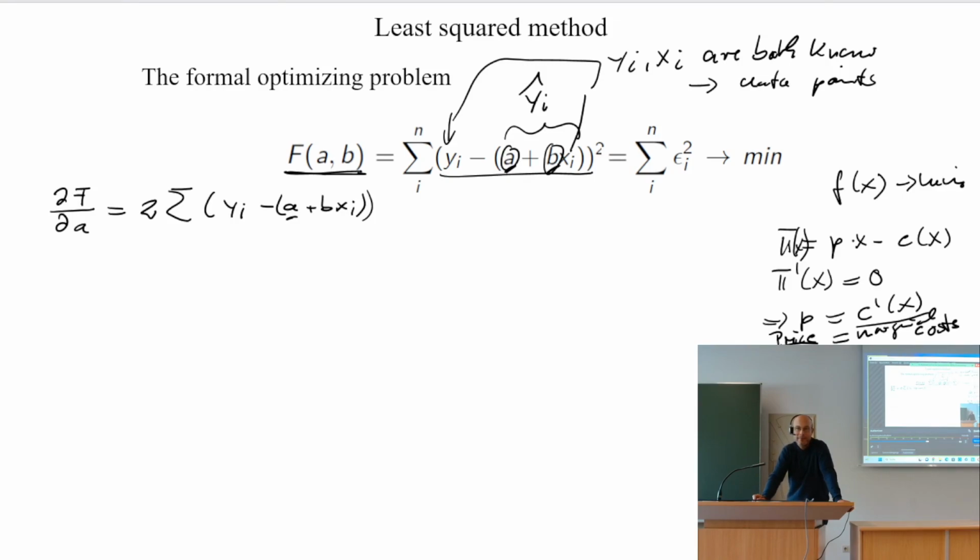So we have here two functions inside. We have the outer function, this is a square, and the inner function is this one. And so we also have to calculate the inner derivative. What is the inner derivative of this function with respect to a? So if f of a would be yi minus (a plus bxi), what is then f prime?